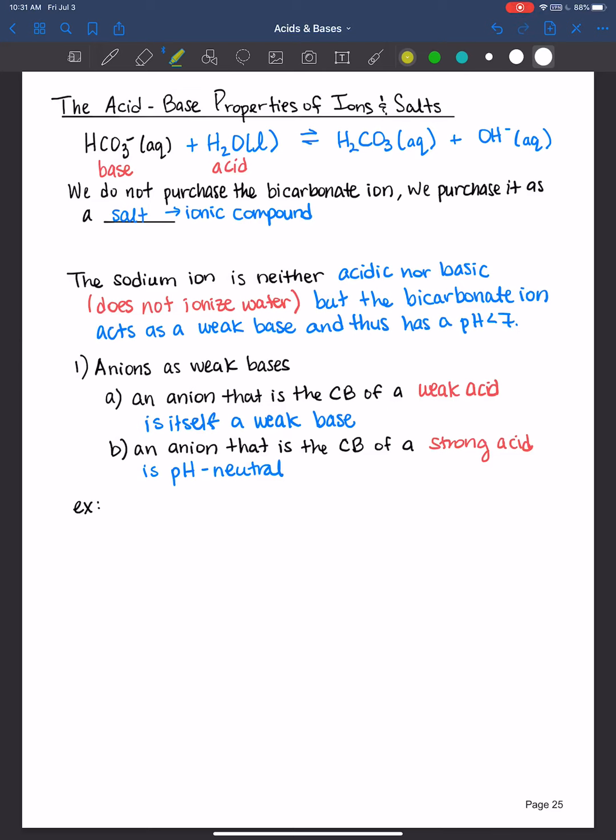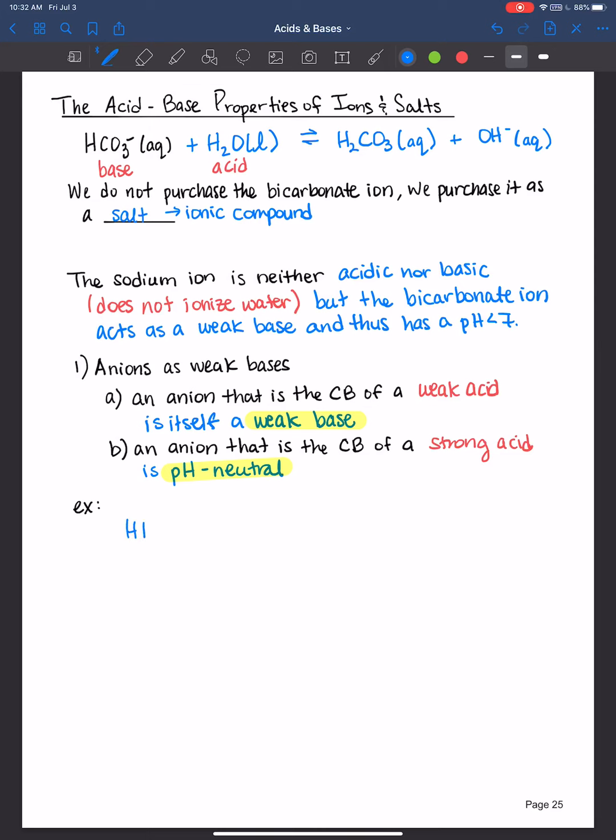So the conjugate base of a weak acid is a weak base, and therefore the solution would be basic if it's paired with a neutral cation. And like I said, I'll discuss cations in a later video. An anion that is the conjugate base of a strong acid is pH neutral. Let's look at a couple of acids and their conjugate bases here to make this more clear.